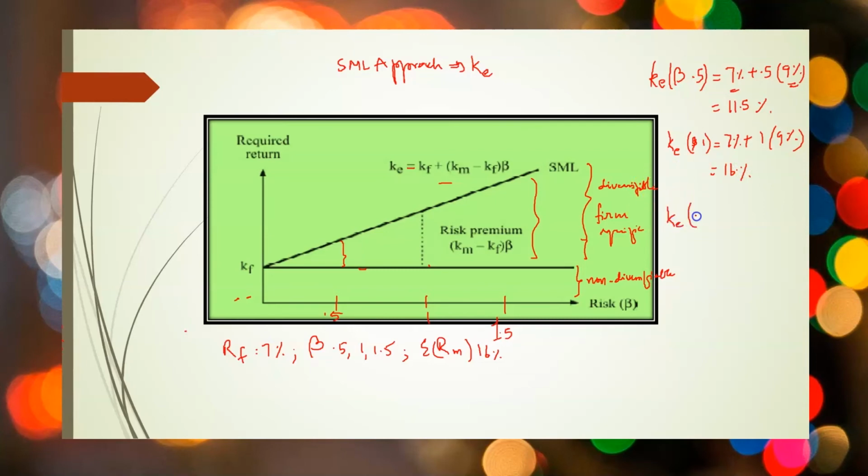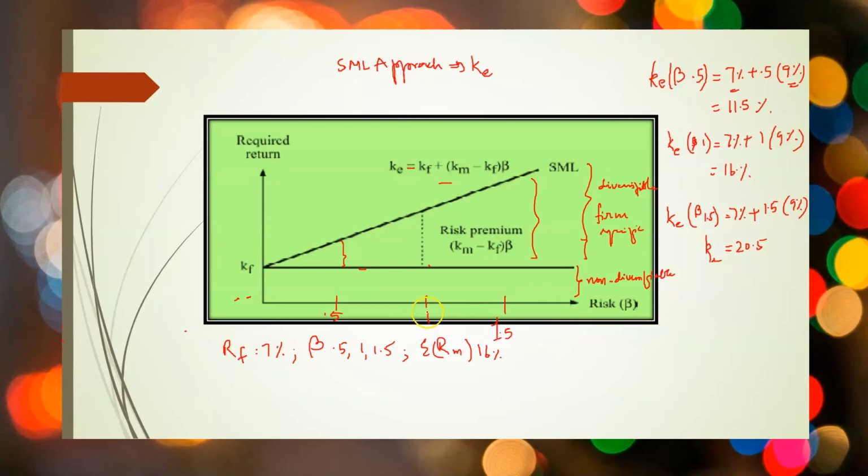Whereas in the third scenario, where the beta is 1.5, the KE will be 7% plus 1.5 times the risk premium, which is 9%. In that case, the KE will be 20.5%.